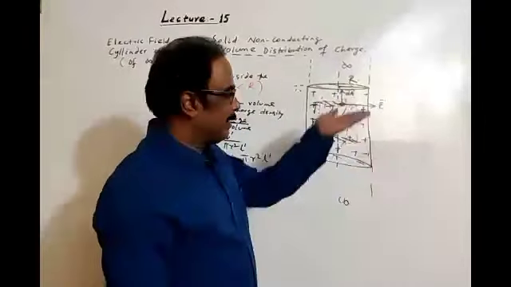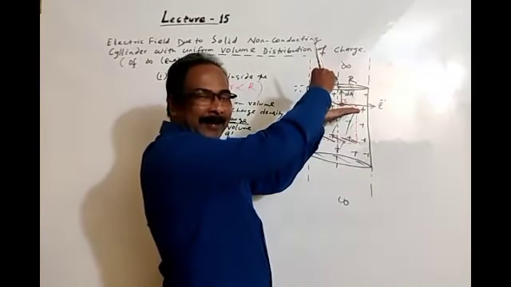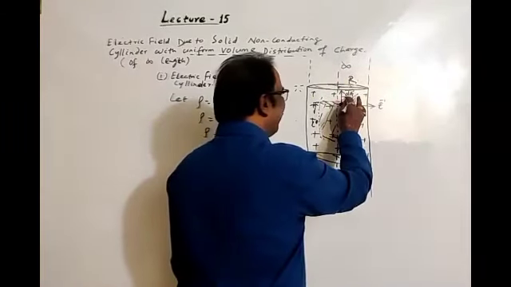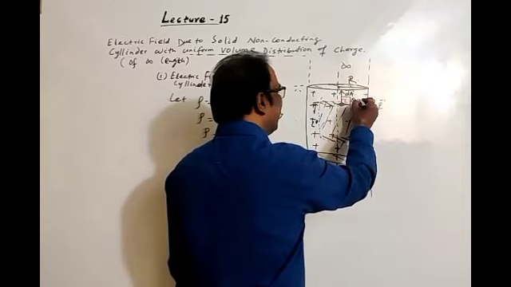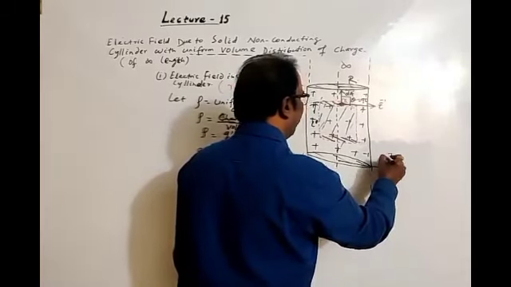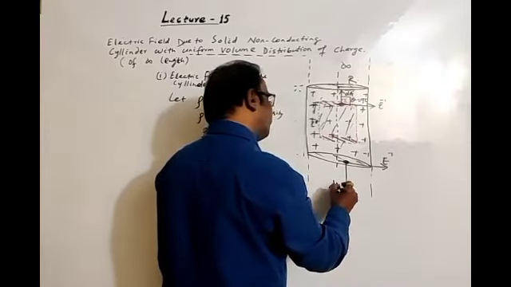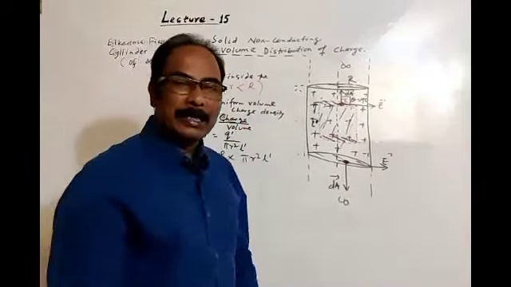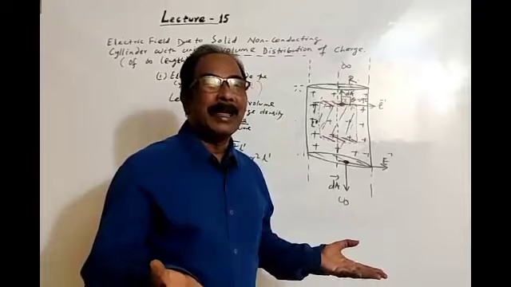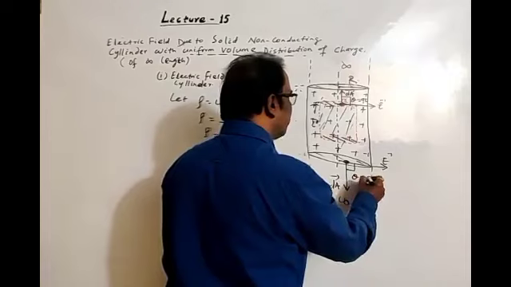This is the cross-sectional area, and the direction of the elemental area vector is outward. Then the angle between the electric field and the elemental area vector, theta, is 90 degrees. For this surface also, this is the direction of the electric field, and if we take elemental area dA, the direction of the elemental area vector is outward. As we have discussed, for a closed surface the direction of the area vector is always outward. So here also the angle between electric field and elemental area vector is 90 degrees.